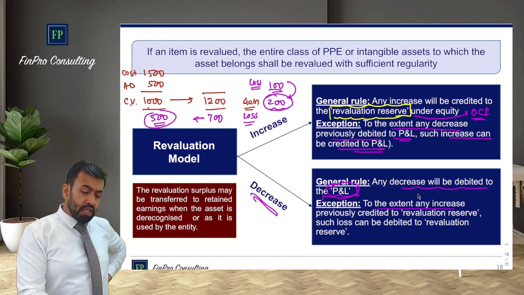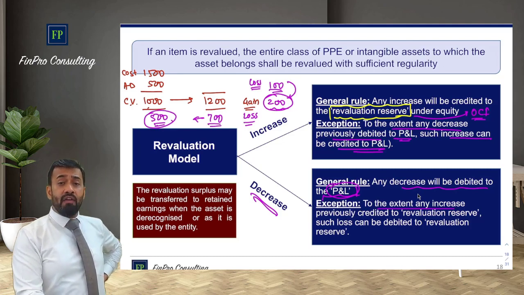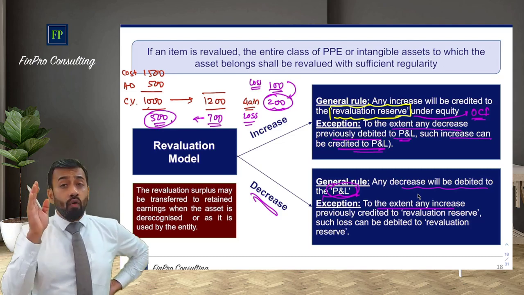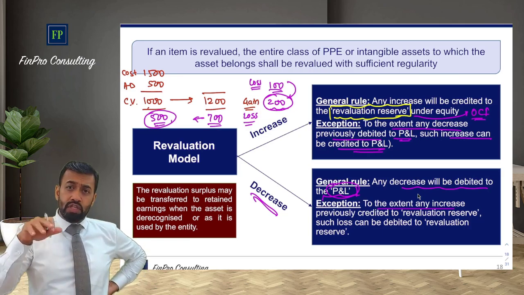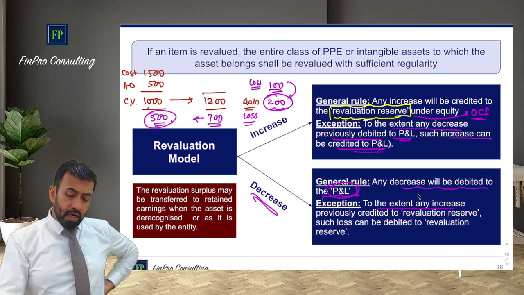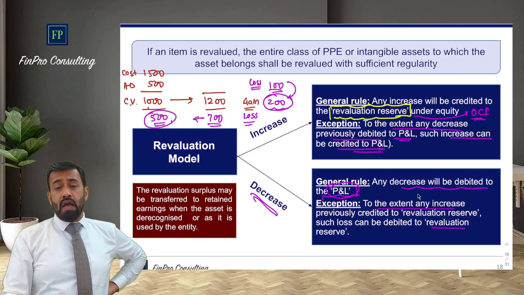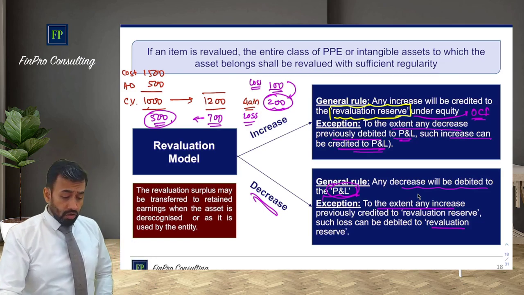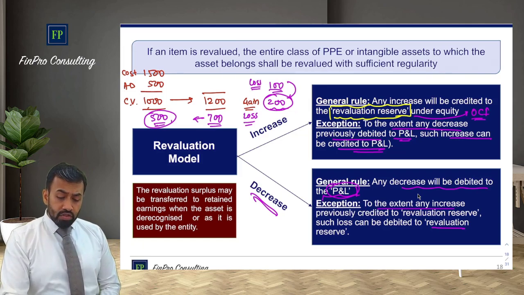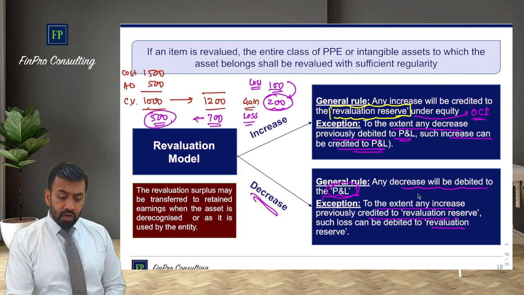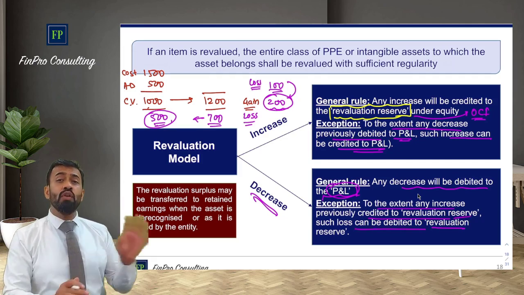Out of this 700, to the extent of 500 I will debit loss to OCI, revaluation reserve, to wipe off entire balance of OCI. Additional 200 will be debited to P&L. Additional loss will be debited to P&L. Okay. So to the extent of any increase previously credited to revaluation reserve, such loss will be debited to revaluation reserve. Balance will be debited to P&L.